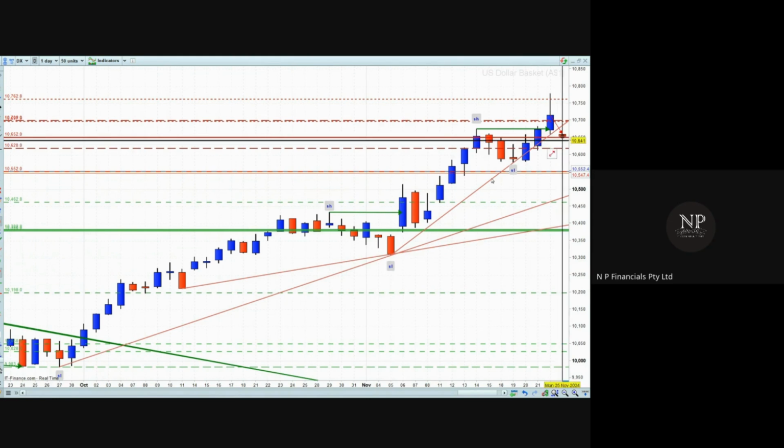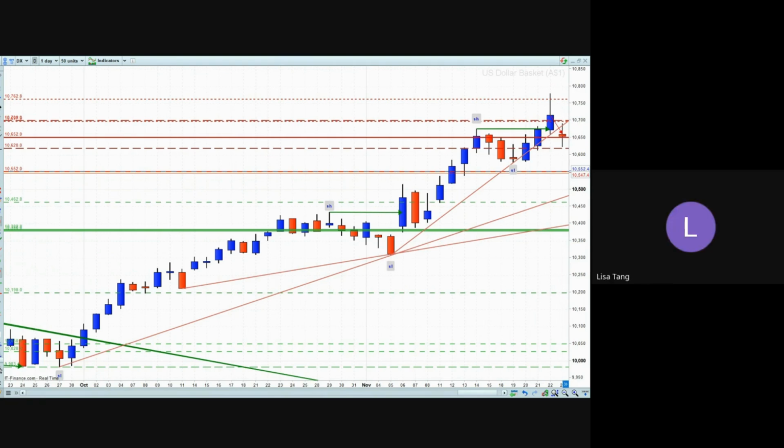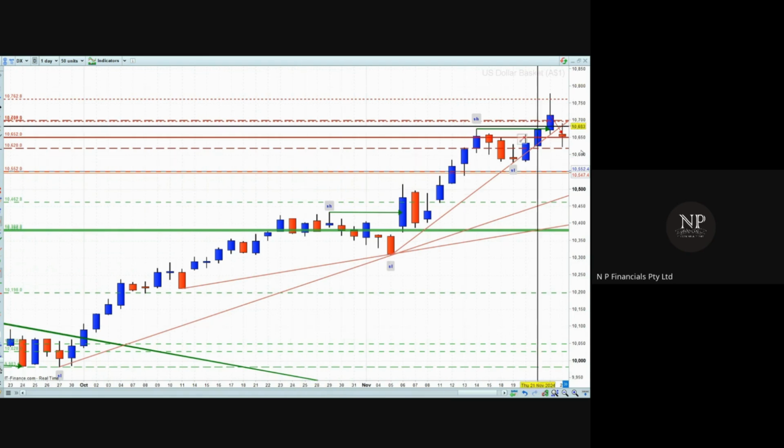And what type of gap is this one at a resistance? Exhaustion gap. Oh wow, Lisa, you're back with a bang. Fantastic, brilliant, 100 out of 100, Lisa. Exhaustion gap, because this is at a resistance, and we have three types of gap: exhaustion gap, followed by the breakout gap, and then the continuation gap.